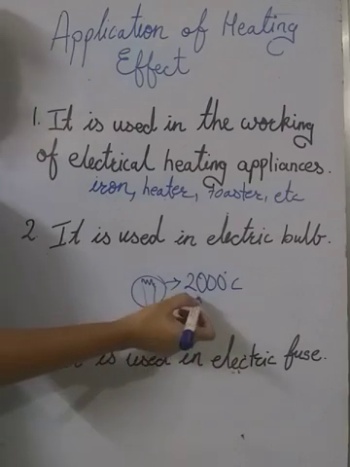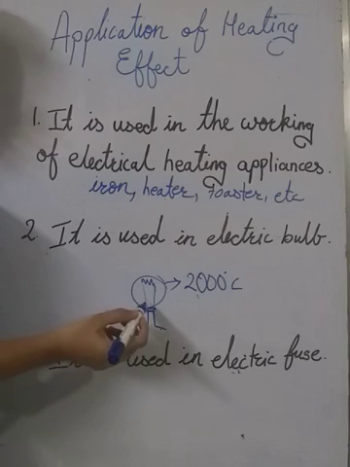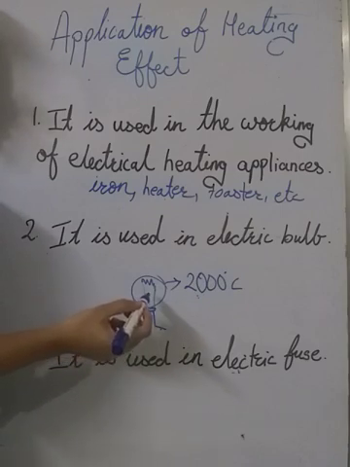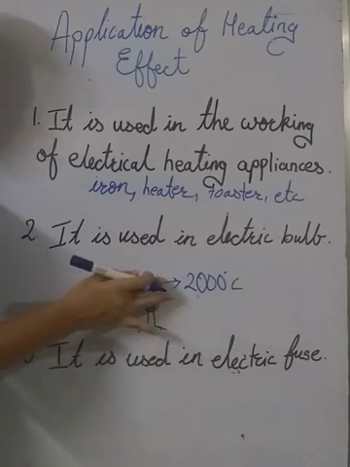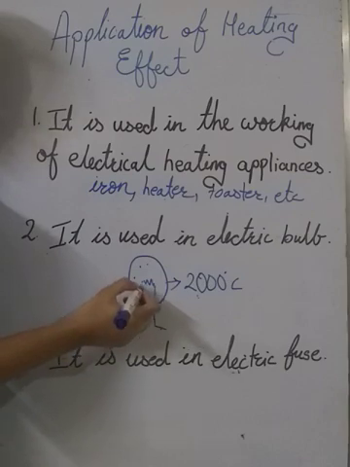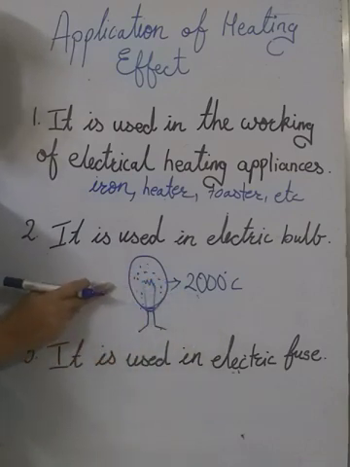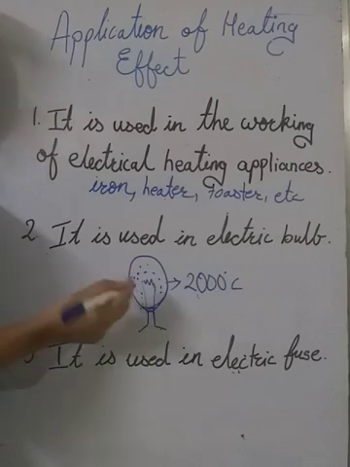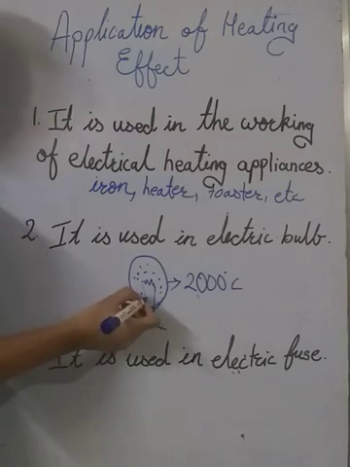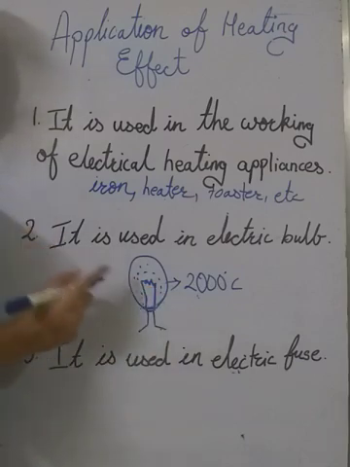At this temperature, it can get oxidized, and if it gets oxidized, it can break. So this tungsten wire is kept in a bulb in which there are inert gases. Inert gases are those gases which do not react, and that is the reason why the tungsten wire has a longer life.